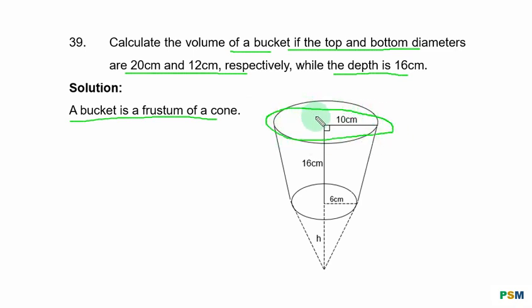Half of it, the radius, is 10 cm. Diameter of the bottom is 12 cm. Half of it, the radius, is 6 cm. The depth or height of the bucket is 16 cm. Then this height is for the smaller cone.